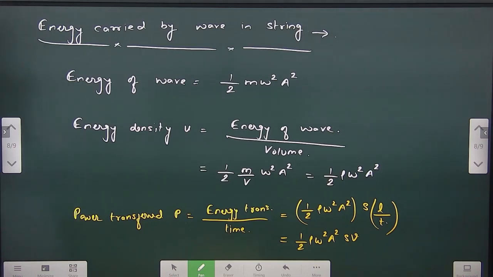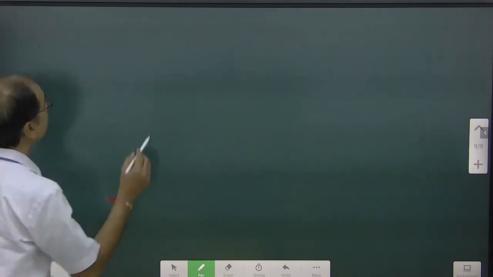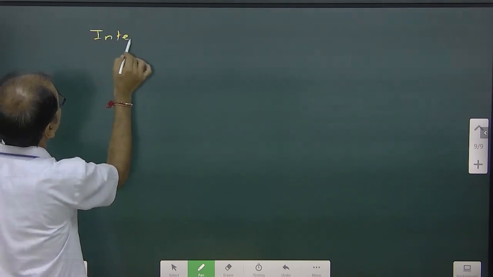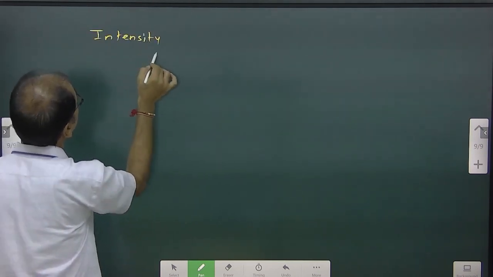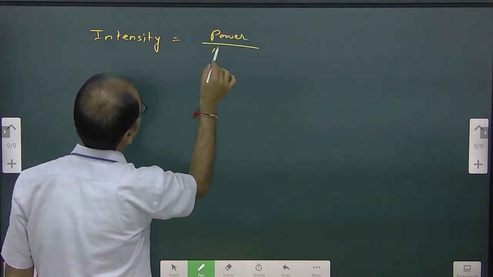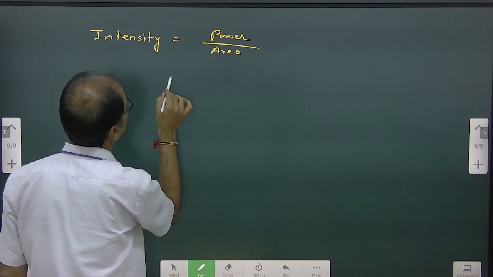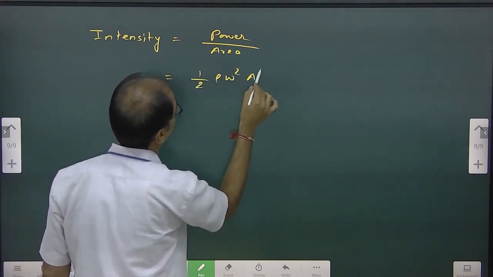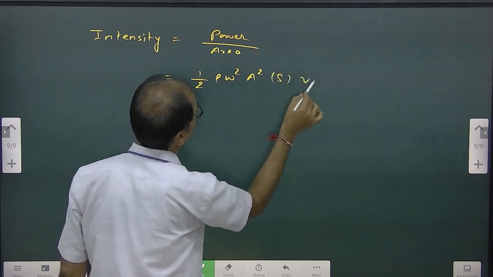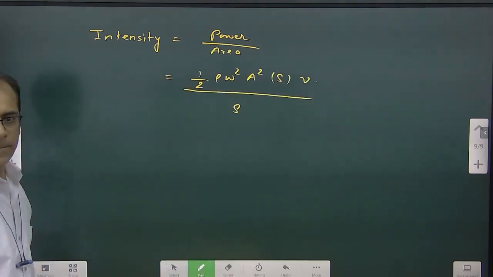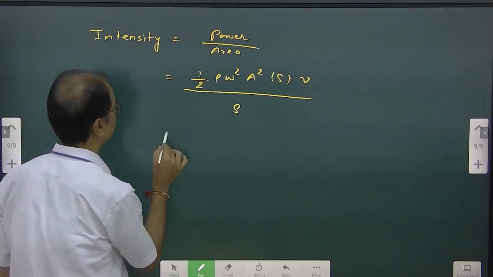Right. So let's talk about intensity then. Intensity is what? Intensity is power by area. Power is half rho omega square a square S into v, divided by area, which is S. So what are we getting?